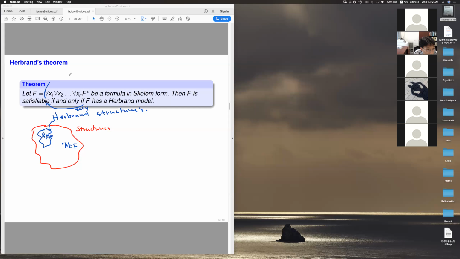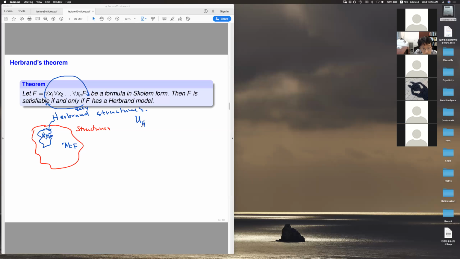But the important direction is the other one, which says that if F is satisfiable, which means there is some structure which satisfies F, then there always exists a very specific kind of structure which also satisfies F. And that specific structure is called a Herbrand structure. And as I said before, in a Herbrand structure, many things are fixed. In every Herbrand structure, the underlying universe is fixed.